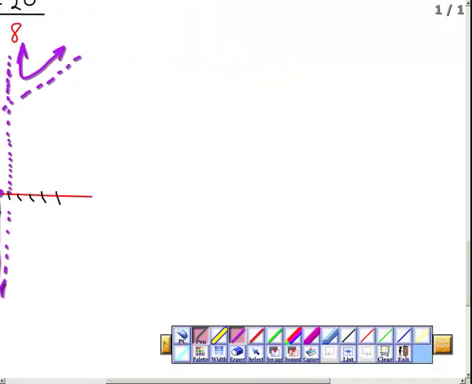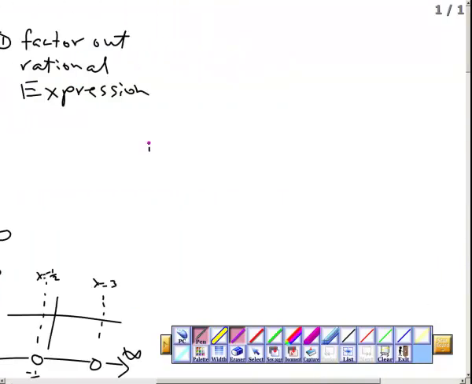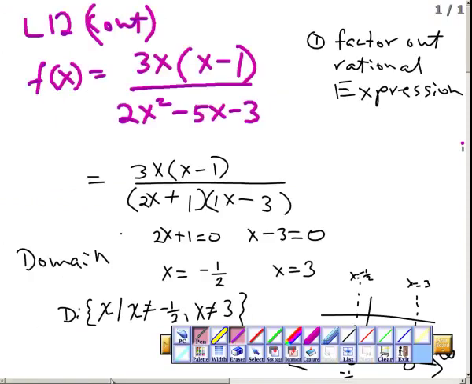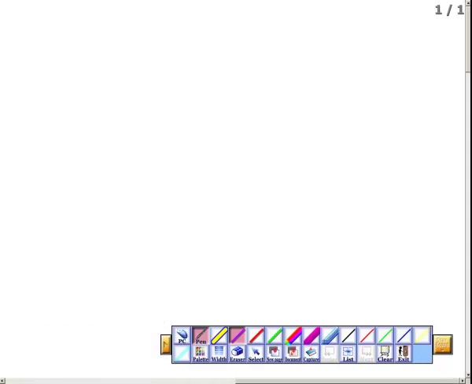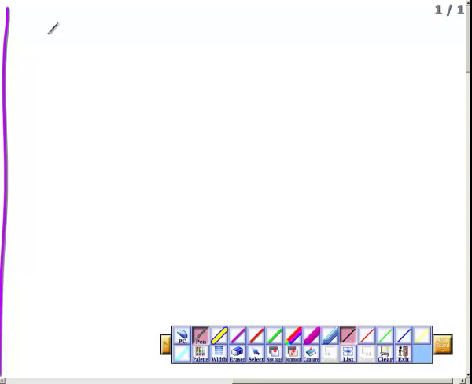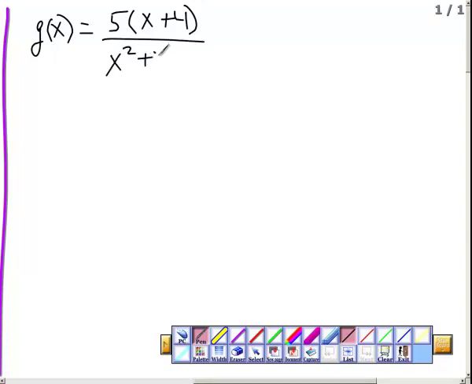All right, and there's one more graph that I wanted to show you. And that's one that has a hole in it. All right, let's say we have g of x equals 5 times (x plus 4) over x squared plus x minus 12 again.